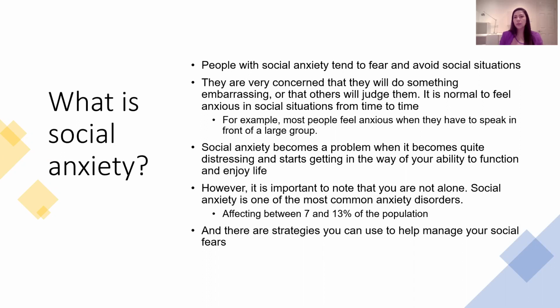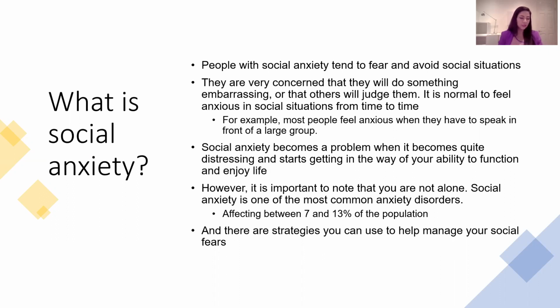But it's important to know that social situations really include any situation in which you and at least one other person are present. Social situations tend to fall into two main categories: performance situations and interpersonal interactions. We're going to be talking about these two later.